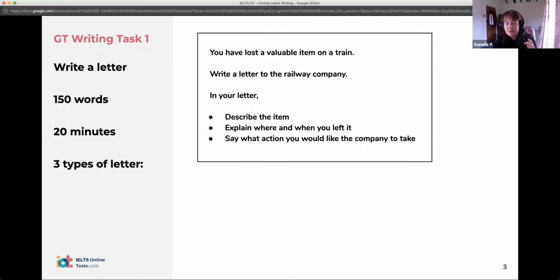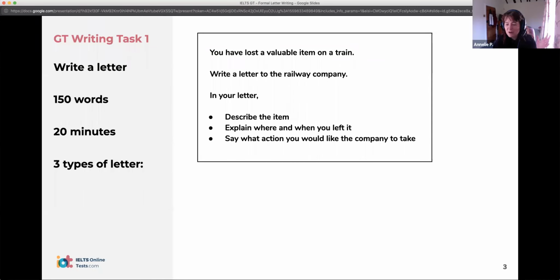So there's 3 types of letter that you might get. Does anybody know what the 3 types of letter are? Remember, we're focusing on task one here, looking at the letters. What kind of letters can you get? Okay, Anusha, very good.